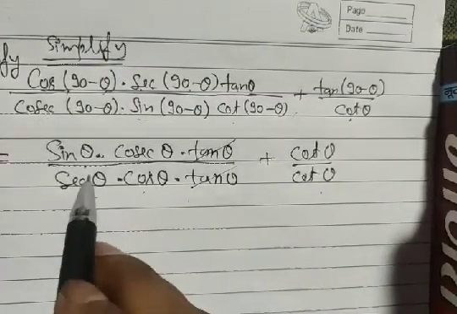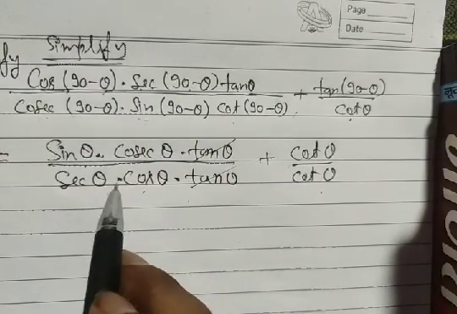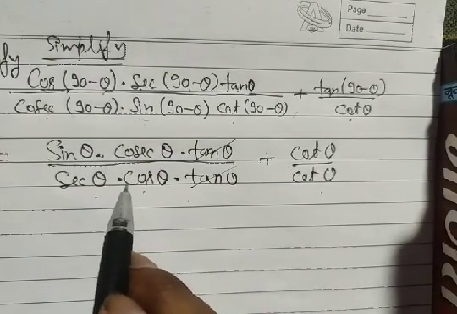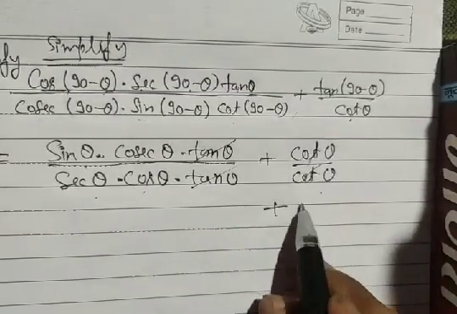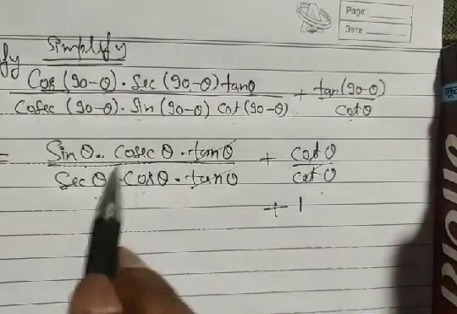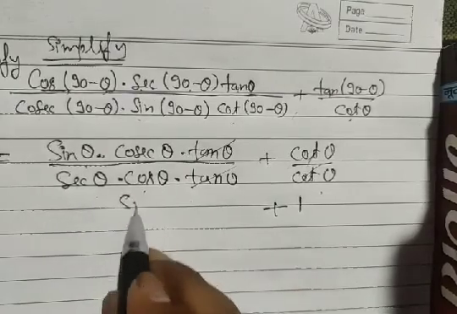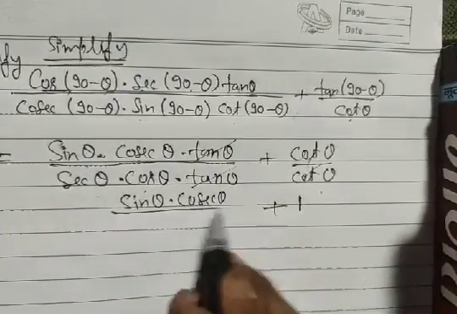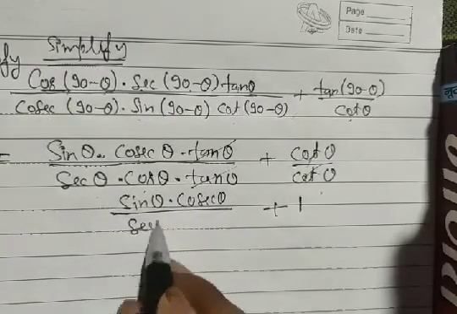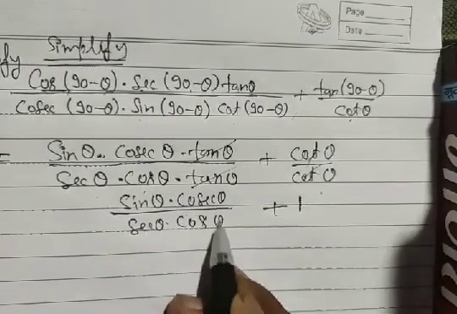Now what do we have? Look, this cancels out. Here we have cot over cot, which is 1. Now we have plus 1, and then sin theta into cosec theta, and then sec theta into cos theta.